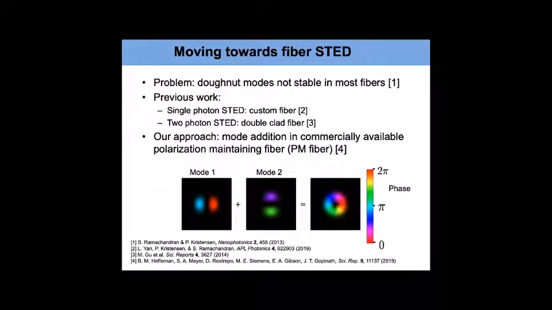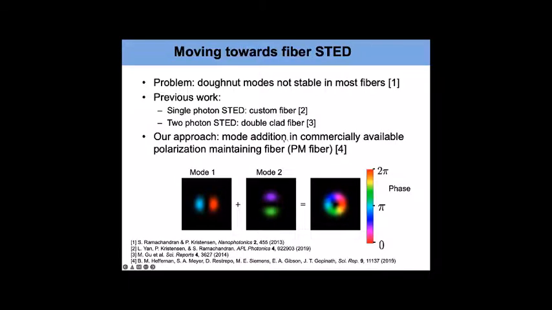Okay, so in order to develop this in a head attached microscope, we need a way of sending this donut beam through an optical fiber. But the problem is, these beams are not stable in most types of optical fibers, although it was demonstrated with a custom fiber that did support a donut mode.